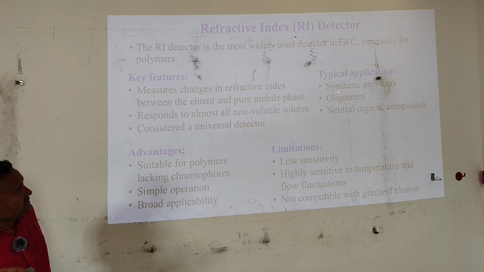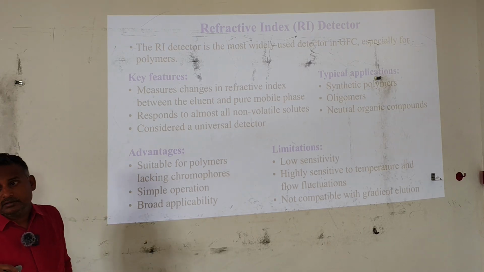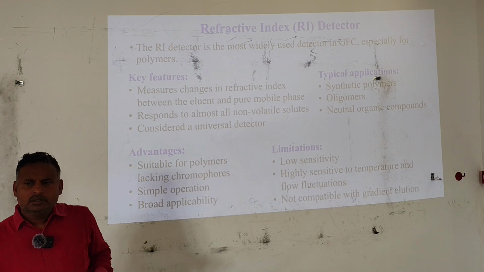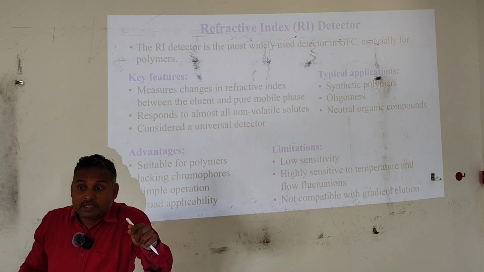Typical applications: synthetic polymers, oligomers, neutral organic molecules can be separated efficiently and detected. Advantages: suitable for polymers lacking chromophores, simple operation, broad applicability. Limitations: low sensitivity. Usually, if something is universal, the sensitivity will be low.